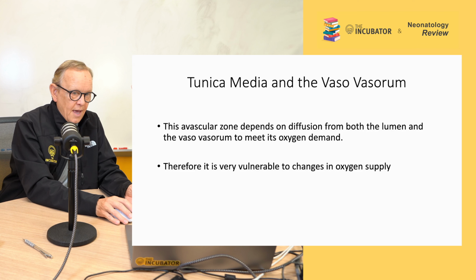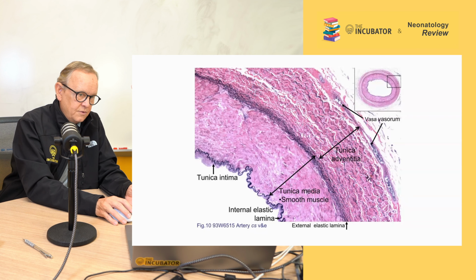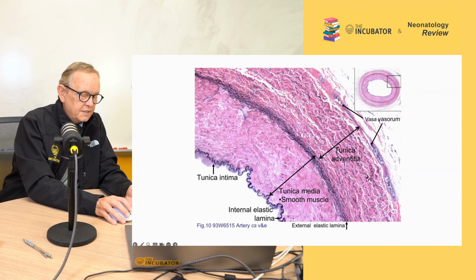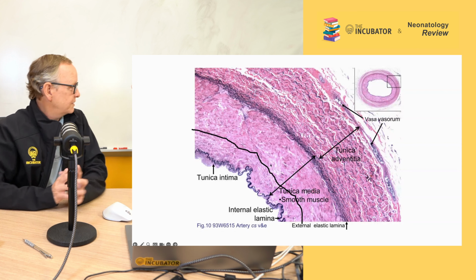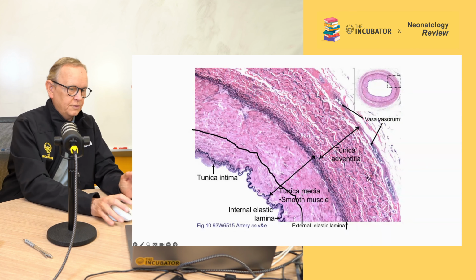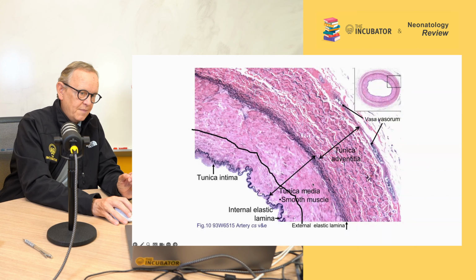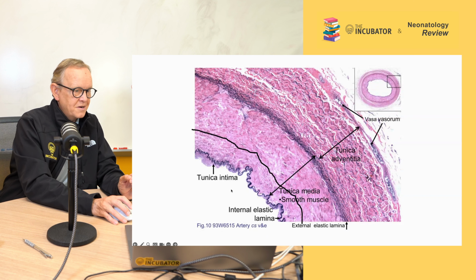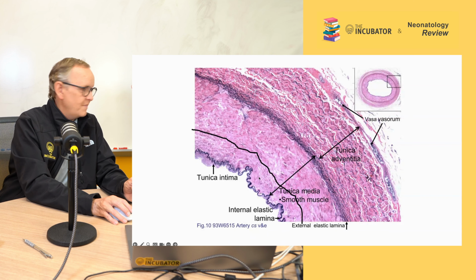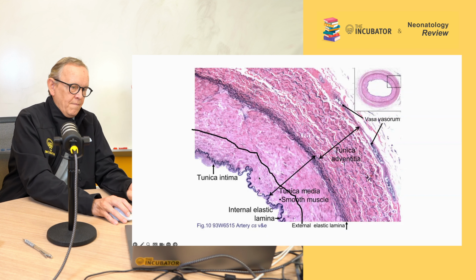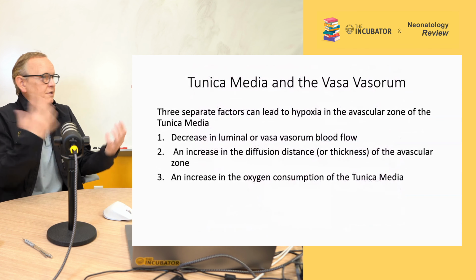Here again is the tunica media, here's the tunica intima, a little smaller here, and this is the largest area with smooth muscle. This is the avascular zone at risk of perfusion issues, again because vessels come in from the outside, supplying this area nicely, and from the inside you have diffusion from the lumen, where you have glucose and oxygen circulating around.